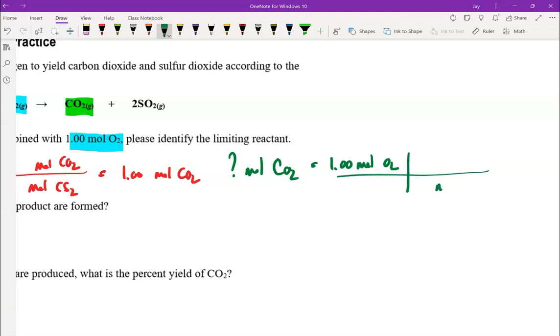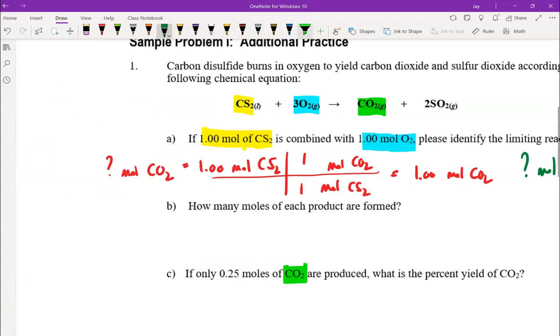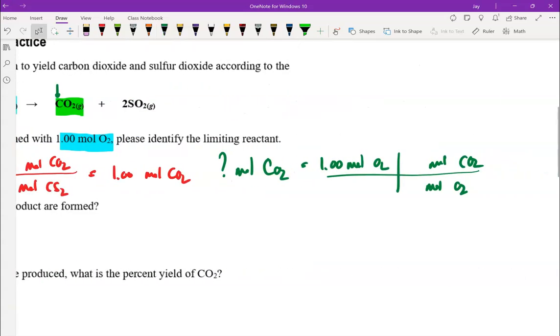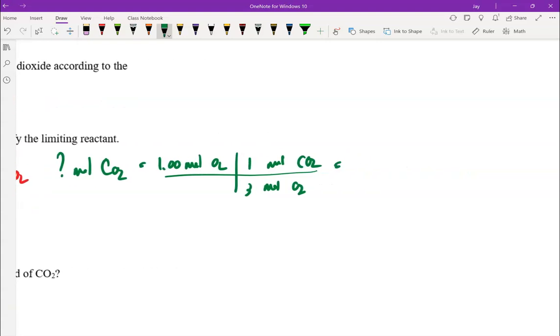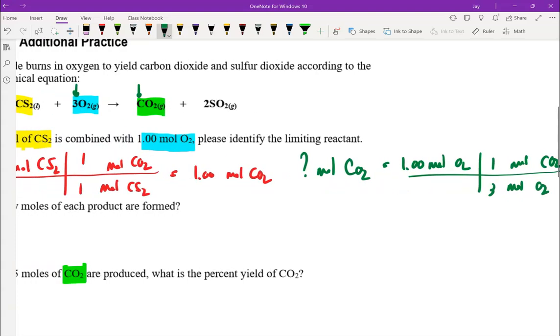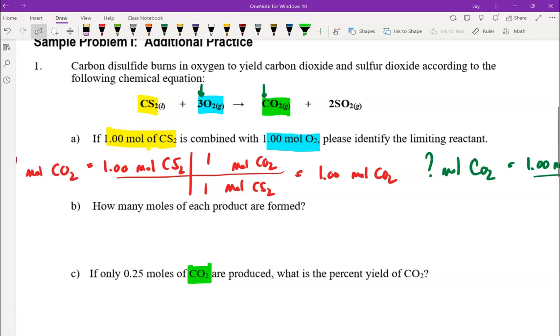And according to the equation, the ratio of oxygen to CO2 is 1 to 3. Well, would you look at that? It means that the oxygen is the limiting reactant because it only allows us to make 0.33 moles of CO2, where the CS2 allows us to make 1 mole of CO2.